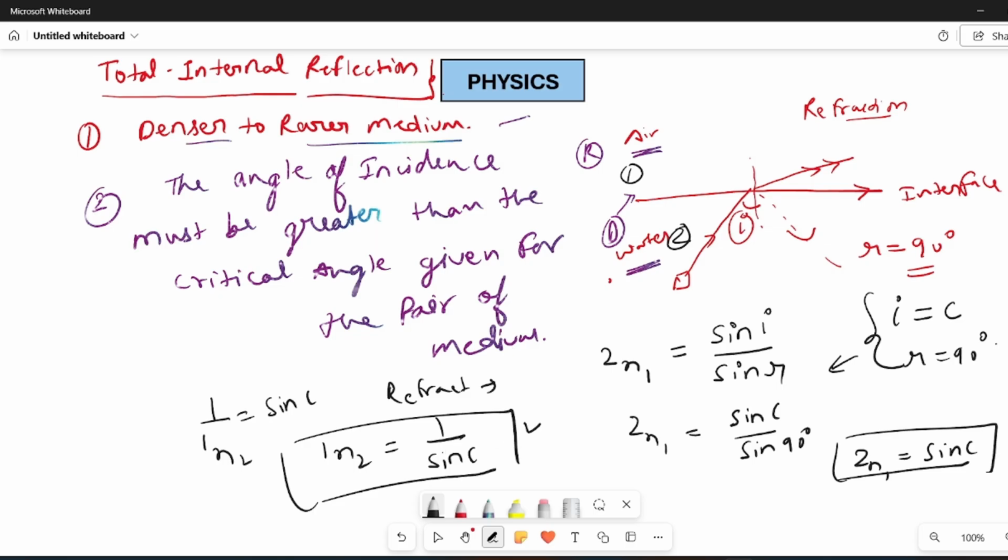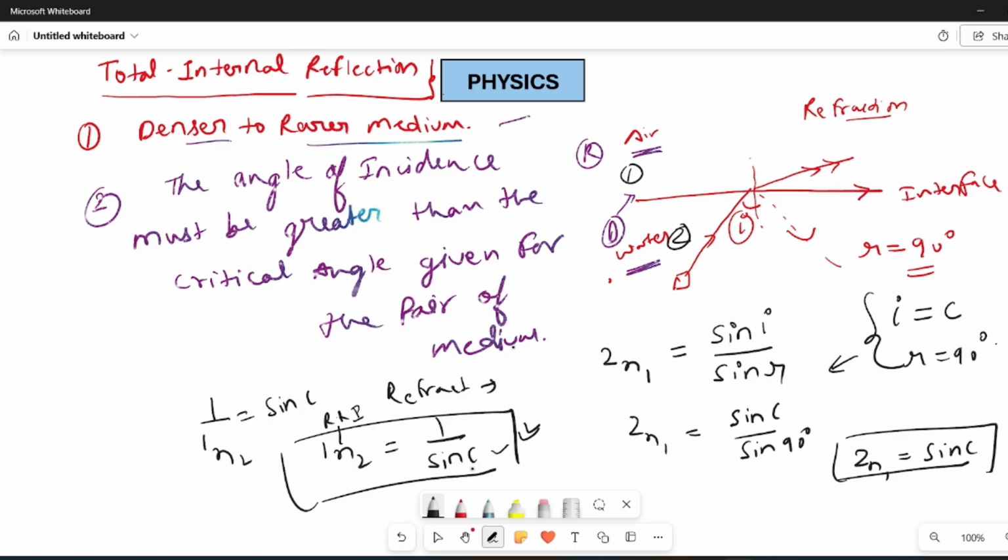Now this equation tells us that this is my relative refractive index, and this is my critical angle. The meaning is there is a particular relationship between relative refractive index and critical angle. If your relative refractive index is higher, that means your critical angle has to be low.